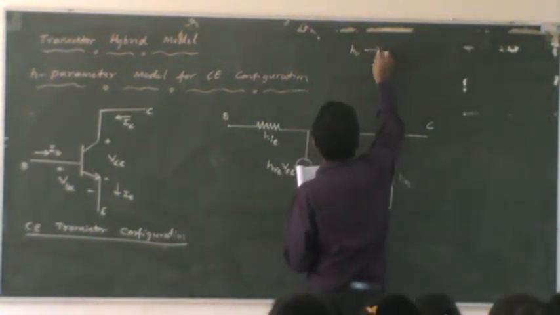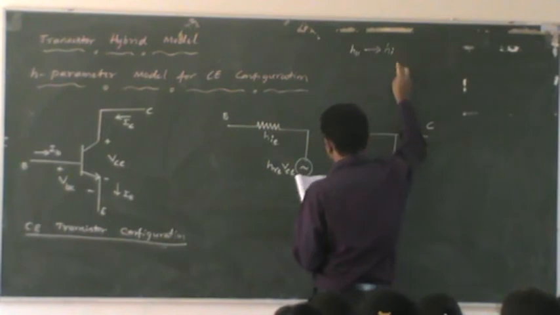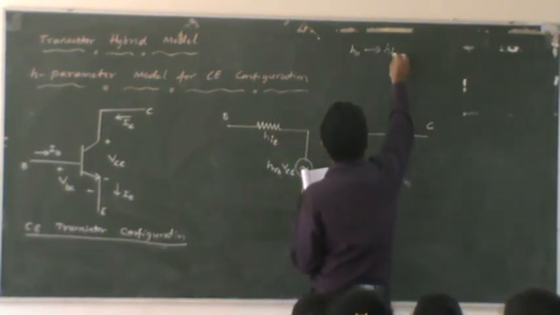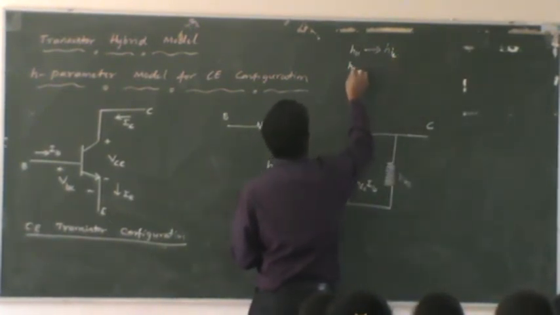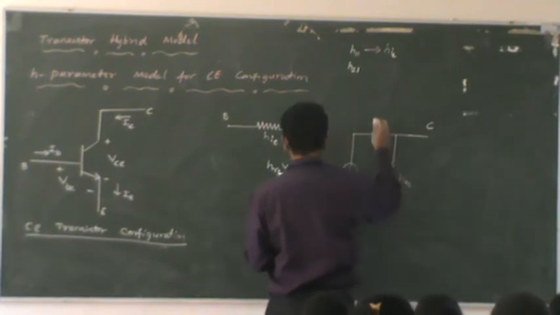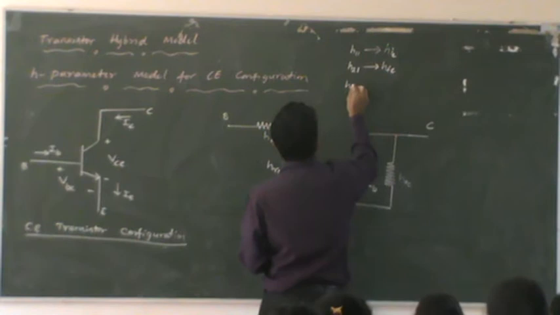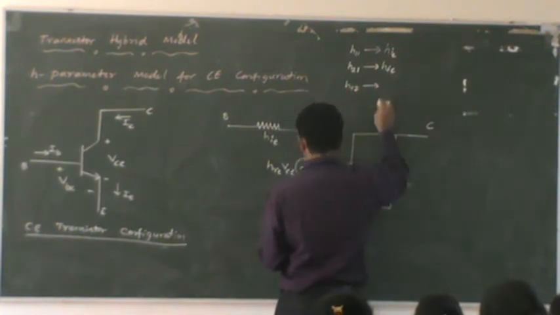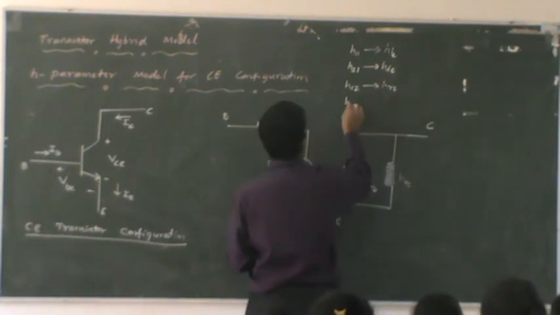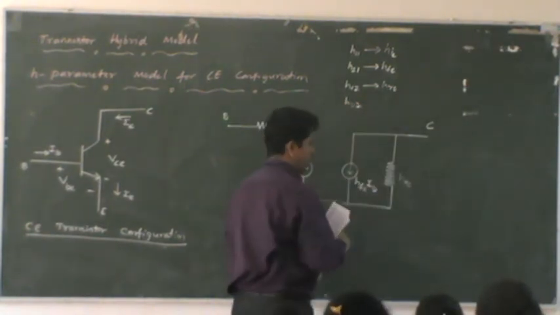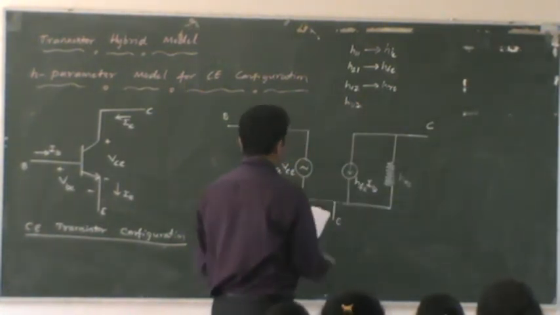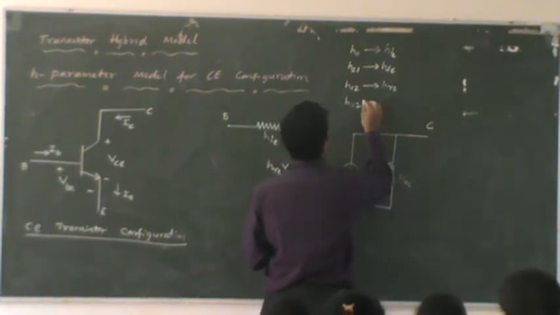H11 we change to HIE, H21 has been changed to HFE, H12 has been changed to HRE, and lastly H22 has been changed to HOE for common emitter configuration.